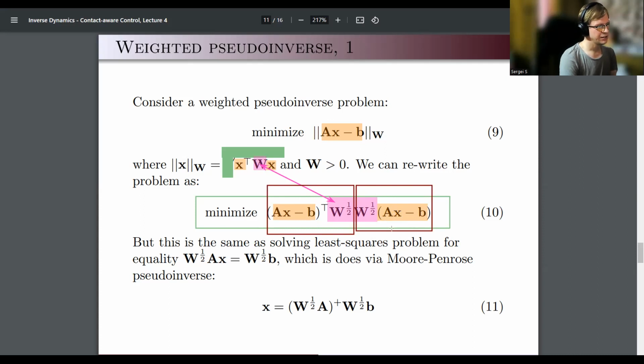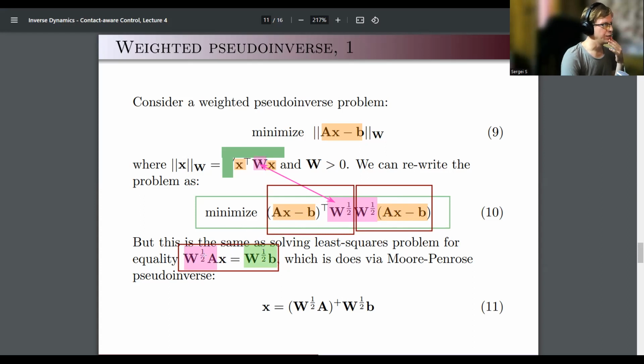This is equivalent to solving a least square problem of this type. So what we wrote here is a least square problem, just for new variables. So now you have a new B, a new right-hand side, and you have a new matrix.